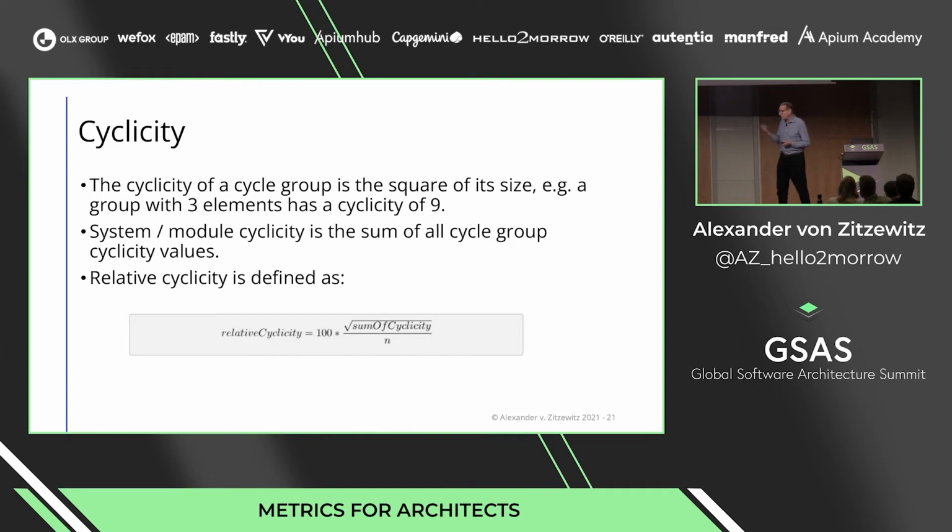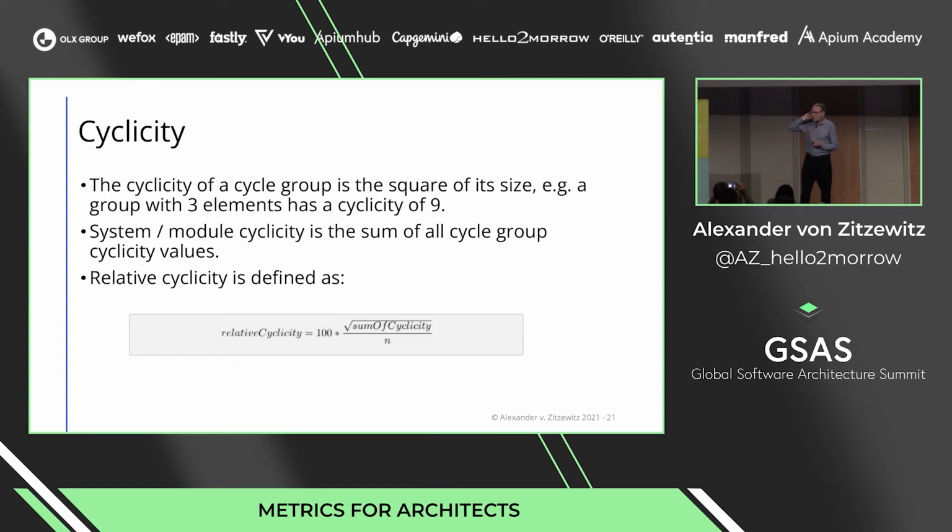Now let's look at the same system, and instead of having one big cycle group with 100 elements, we have 50 small cycle groups with 2 elements. How would that influence the value? Pretty dramatically, actually, because in that case, the sum of cyclicity would be 50 times 4. One single cycle group has a cyclicity of 4, 2 times 2. We have 50 cycle groups, so we get 200. 50 times 4 is 200.